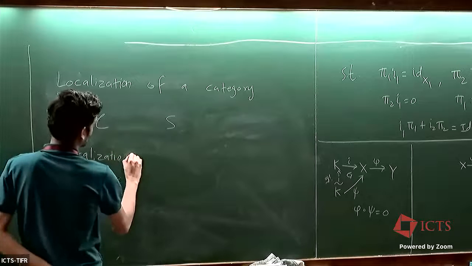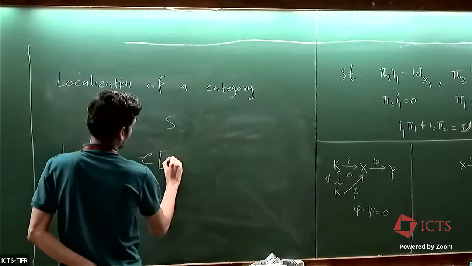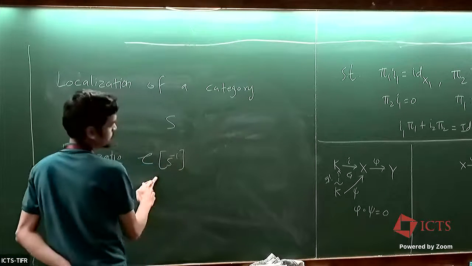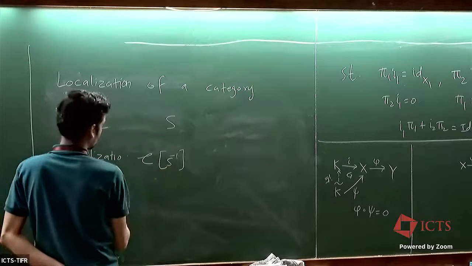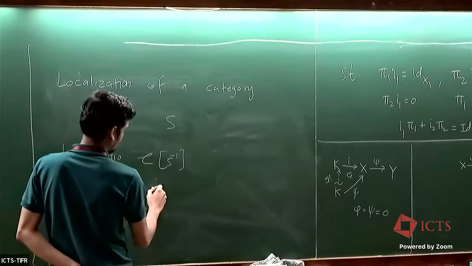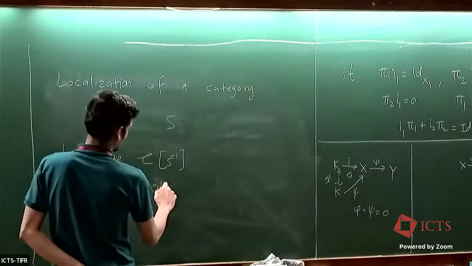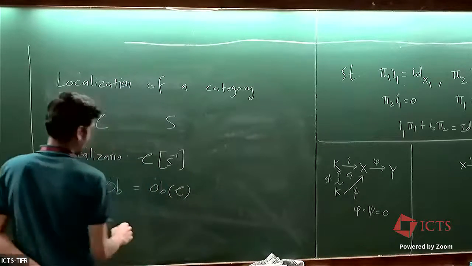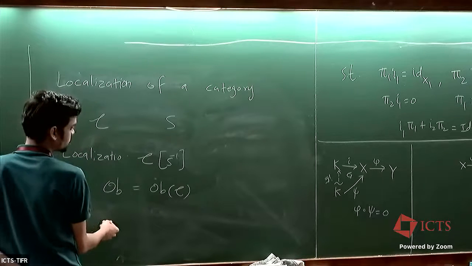This localization, which we will denote by maybe C S inverse, we want to form this category whose objects are the same as objects of C, and we want to define what its morphisms are.